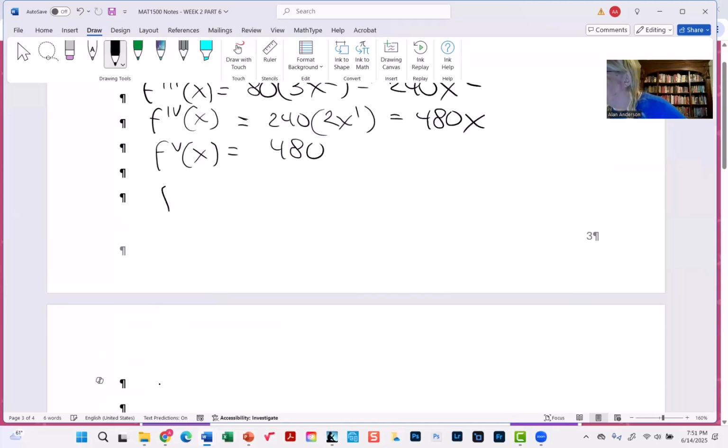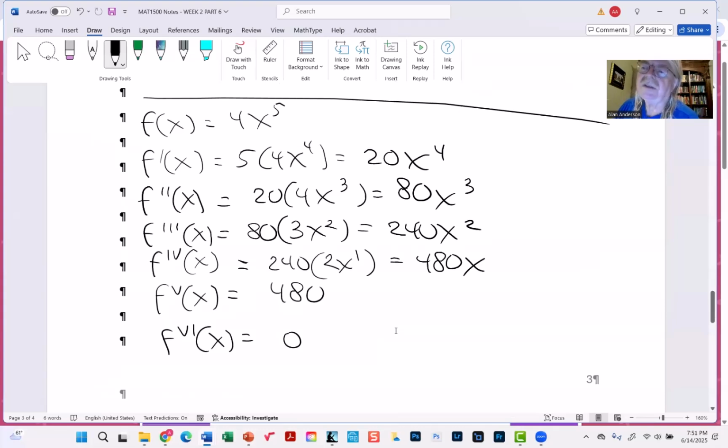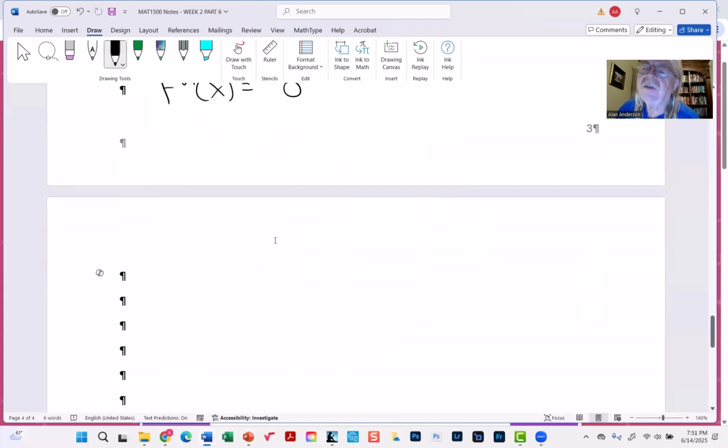And of course, that means that the sixth derivative is 0. Now, for all practical purposes, it's extremely unusual that we need derivatives higher than the second order. It's not impossible, but it's extremely unusual. Most of the time, we'll be working with the first or the second derivative. But it's important to know how to calculate all of them.